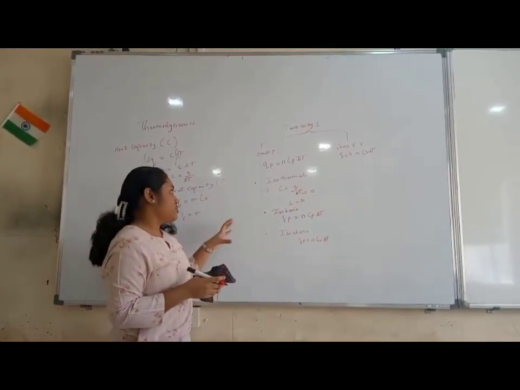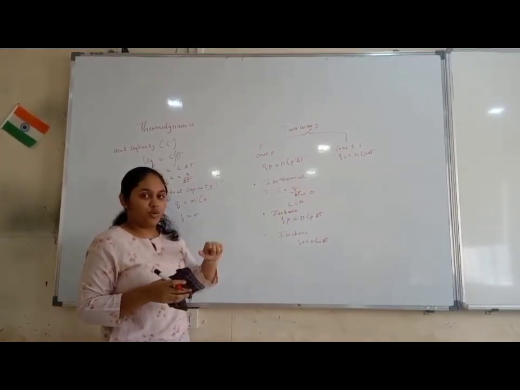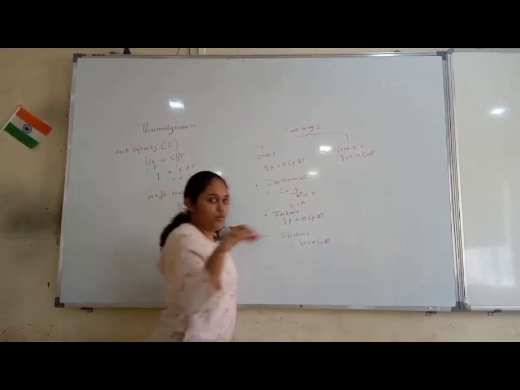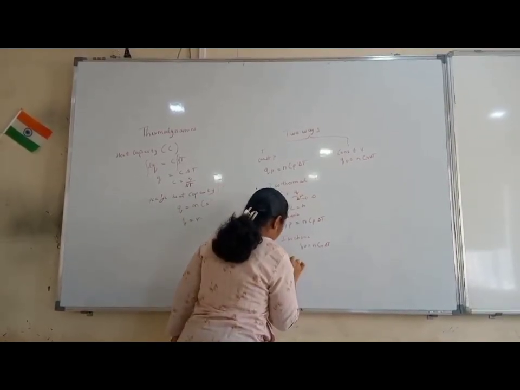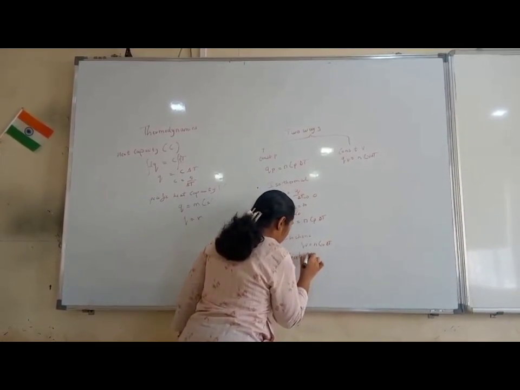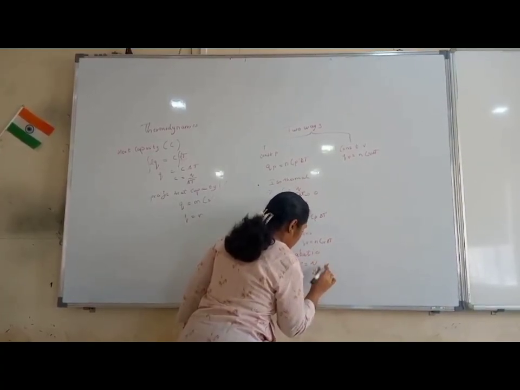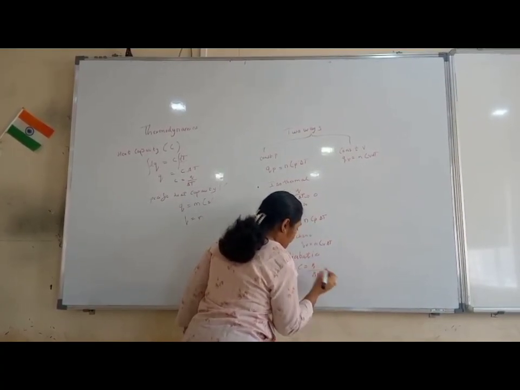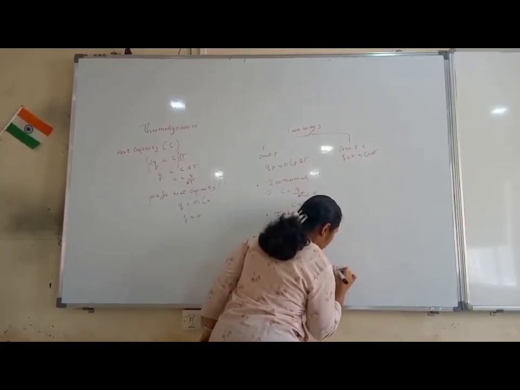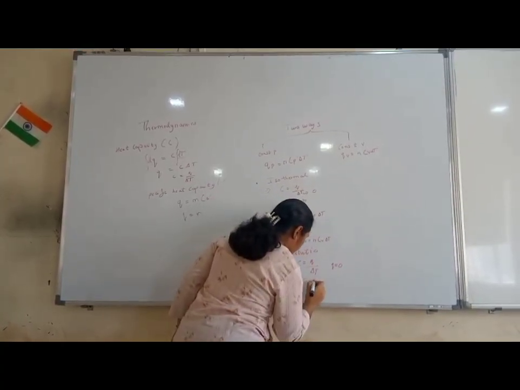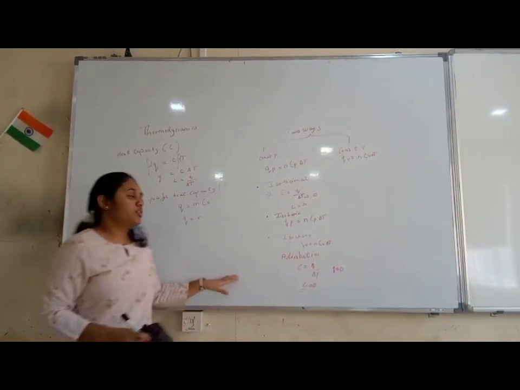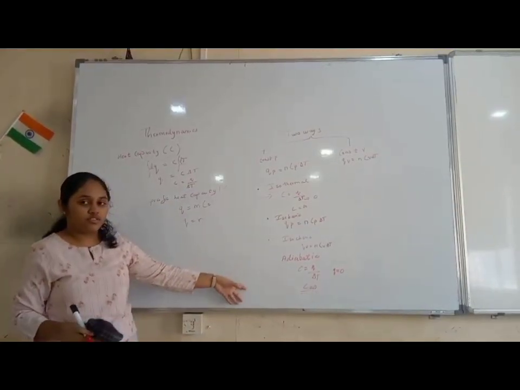In the adiabatic process, the heat capacity will be 0 as Q is 0. Here Q tends to 0. Heat capacity is 0. It is all in different types of processes.